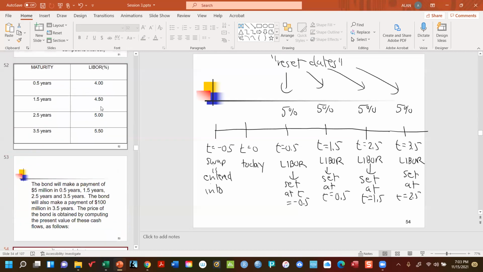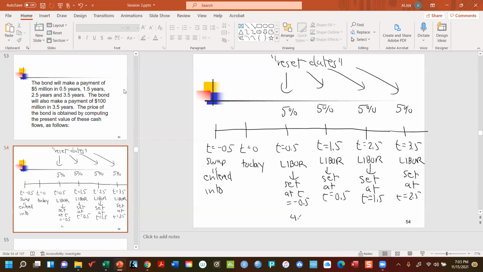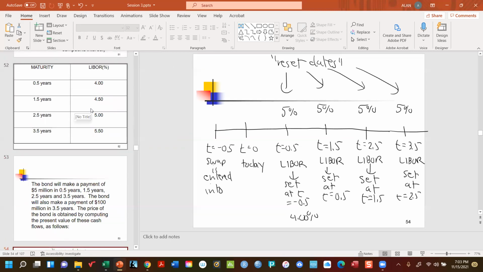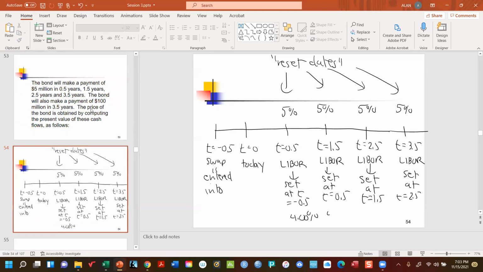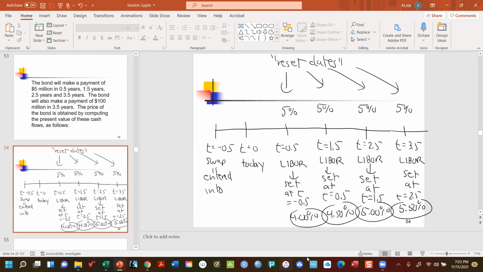Now, these rates are determined in this chart to be 4%, 4.5%, 5%, and 5.5%. So given that we have this term structure of LIBOR rates as of today, this is what we would see for these cash flows. Now that could change, but right now that's what they're worth.